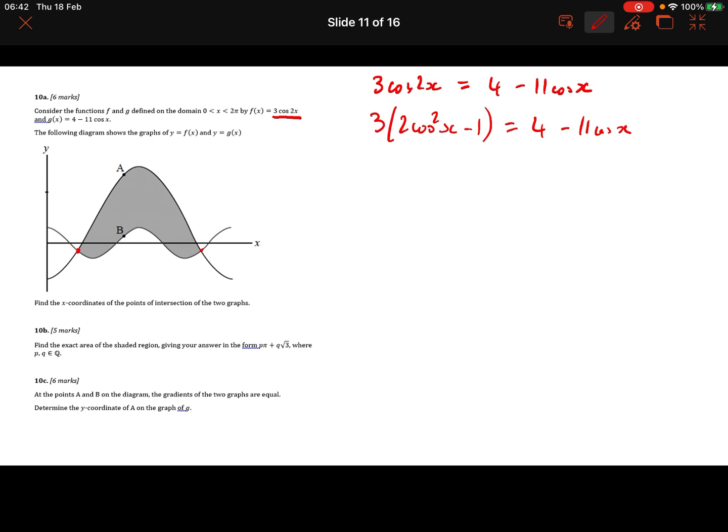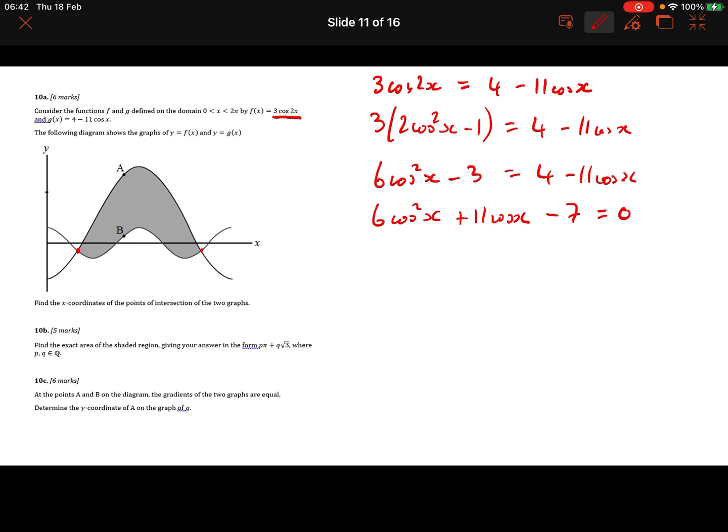Now we start to rearrange it. We're going to get 6 cos squared x minus 3 equals 4 minus 11 cos x. And what we've got here is a quadratic trigonometric equation. So let's make the right-hand side equal 0. I'll get 6 cos squared x plus 11 cos x minus 7 equals 0, which can be factored.